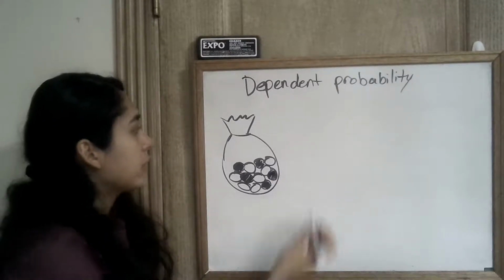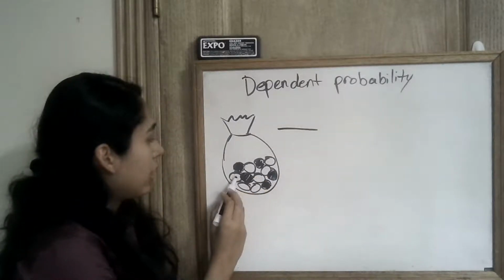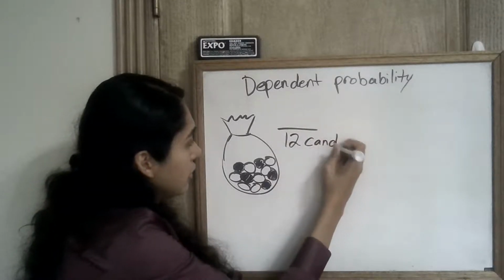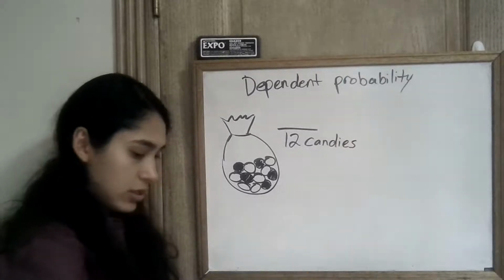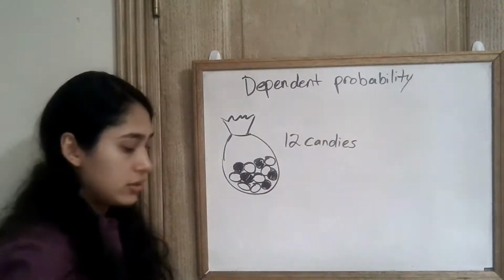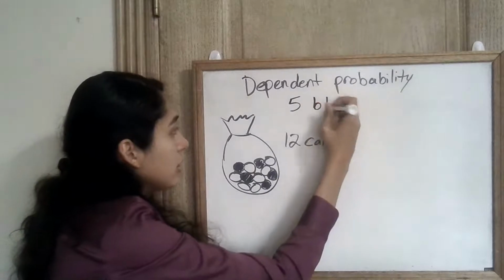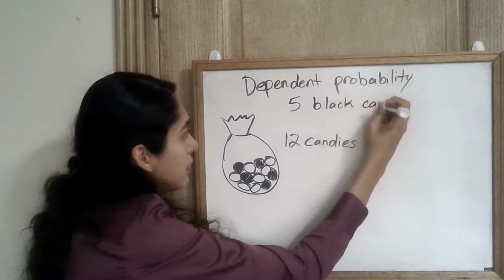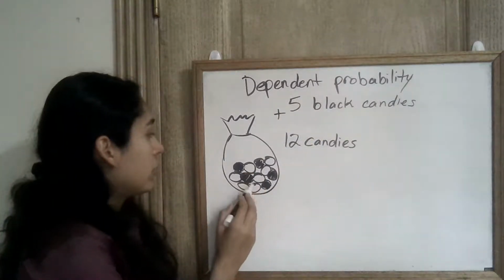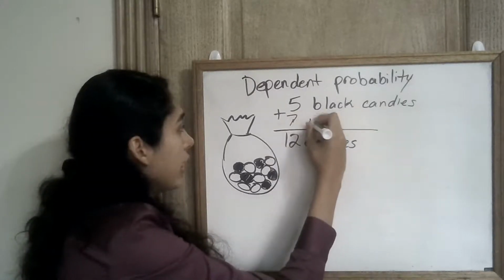So here I have a bag of candies, and I have 1, 2, 3, 4, 5, 6, 7, 8, 9, 10, 11, 12. I have 12 candies. And of those candies, I have 1, 2, 3, 4, 5 black candies. And I have 2, 3, 4, 5, 6, 7 white candies.